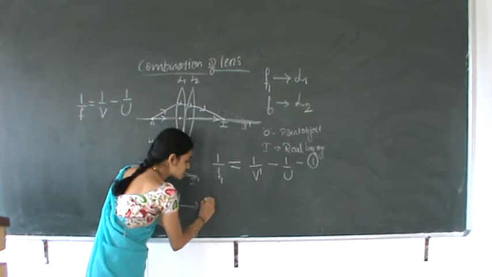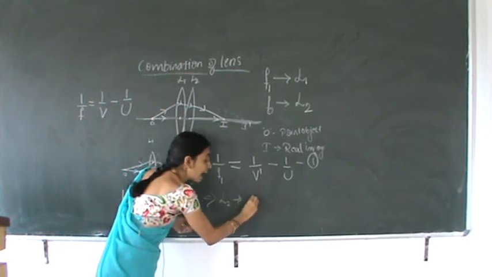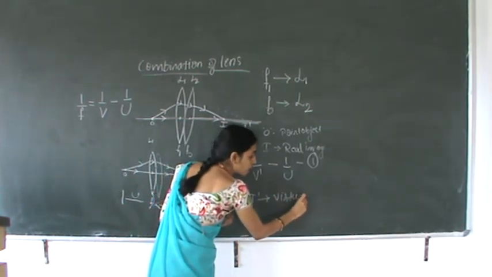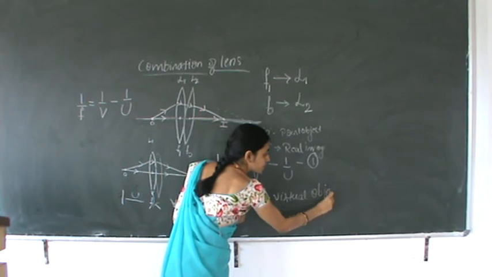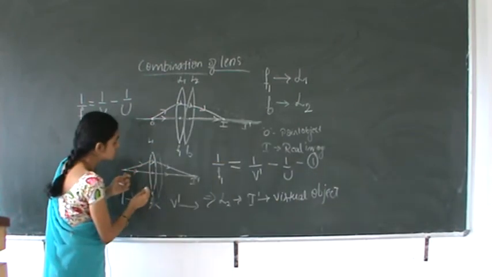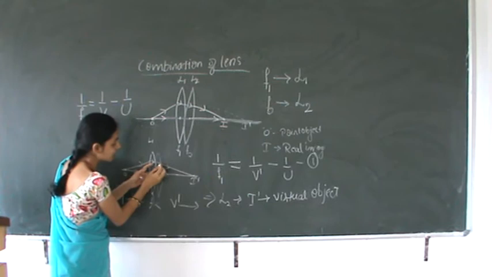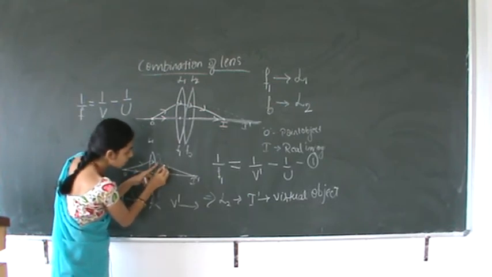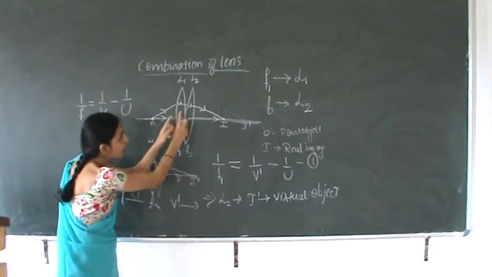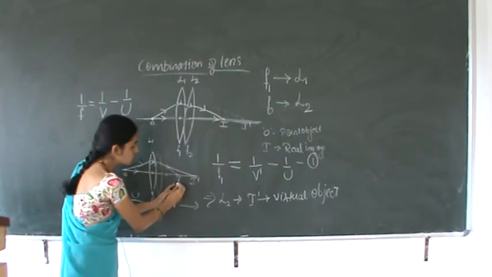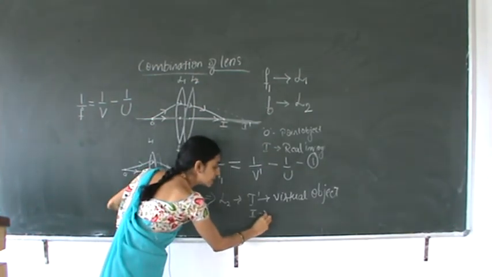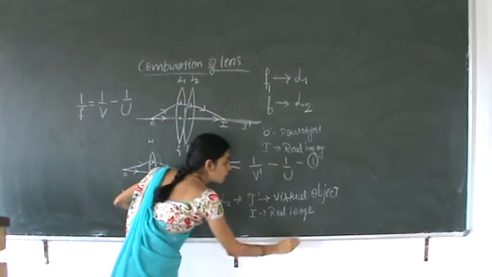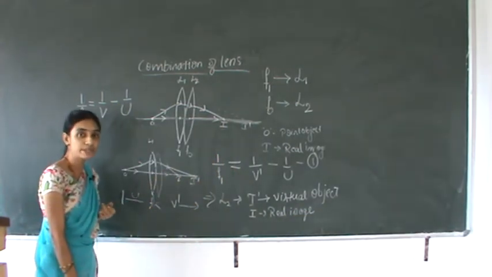So, for the second lens L2, I dash acts as a virtual object. When this converging ray gets incident on the second lens L2, it undergoes refraction and finally meets somewhere at the place I. So, I is the real image, nothing but the final image when two lenses are kept in contact.